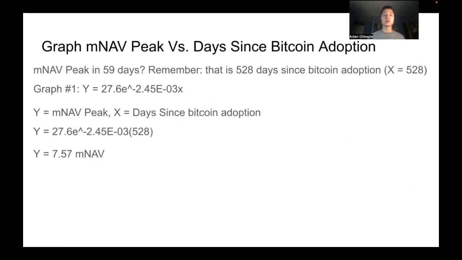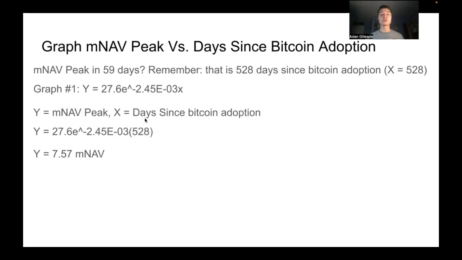So let's get into that equation right over here. Based on graph number 1, that's the equation we'll be using. That's the equation that modeled out graph number 1 for us. And again, Y equals the MNAV peak, what the MNAV is at the peak, and X equals the days since Bitcoin adoption. We just calculated with the second model that X equaled 528 days.